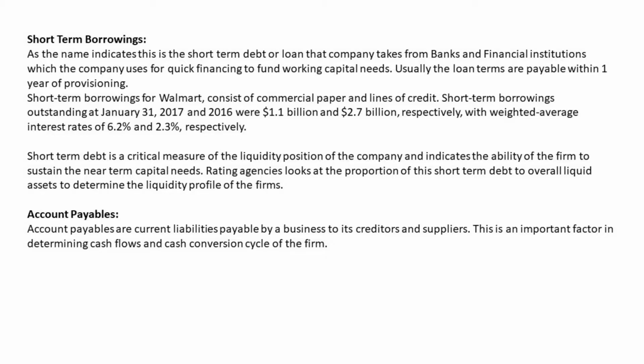For Walmart, this consists of commercial paper and lines of credit. Short-term borrowings outstanding for Walmart as of January 31, 2017 were $1.1 billion, and they took it at interest rates of 6.2%, which is usually higher than the long-term debt interest rate that the company pays.